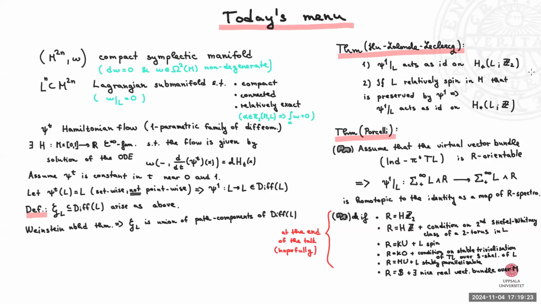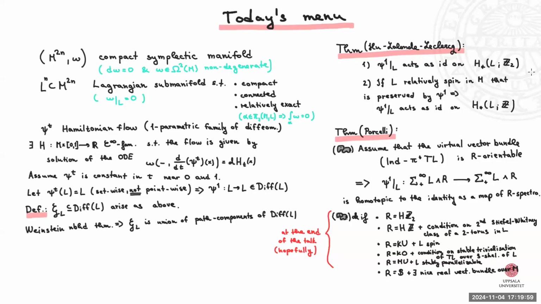So at the end of the talk, hopefully, I will tell you in which situation this elephant assumption is satisfied. Naturally, when your ring spectrum is the Eilenberg-MacLane spectrum of Z2, it works, and you don't have to restrict your class of Lagrangians at all.